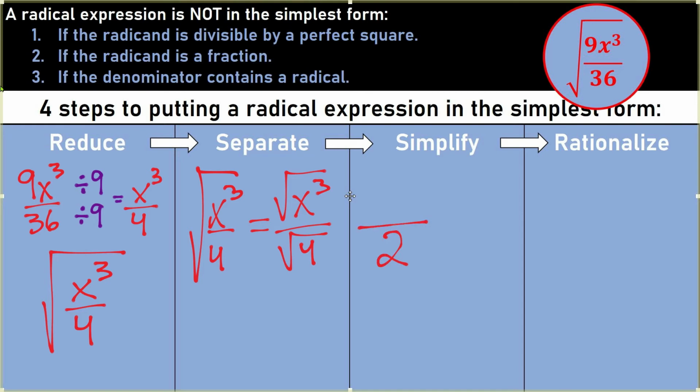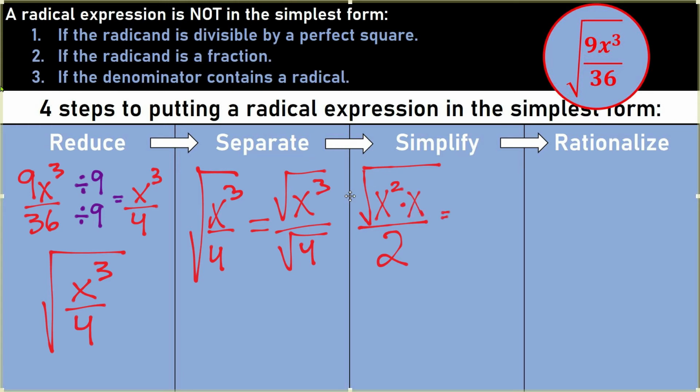When it comes to variables in the numerator, we have the square root of x to the third. And when you're dealing with variables, we want to find the biggest perfect square that can go into x to the third. But with variables, the perfect square is always x squared. So I'm going to separate my x to the third into x squared times x.